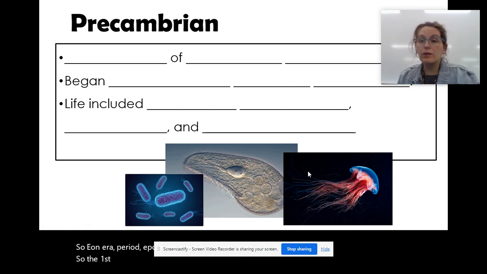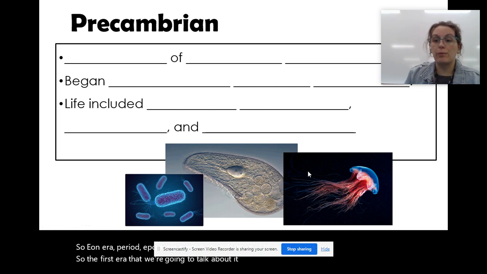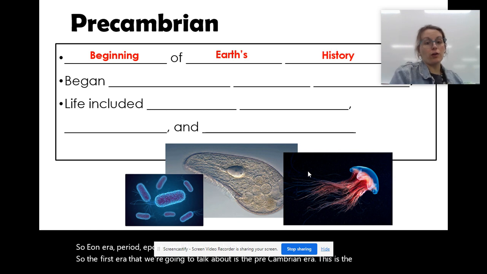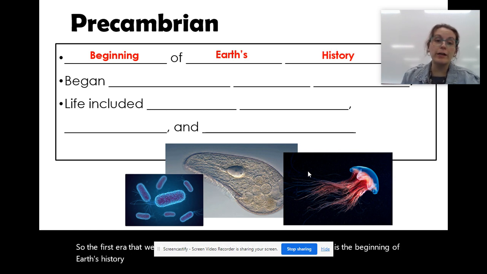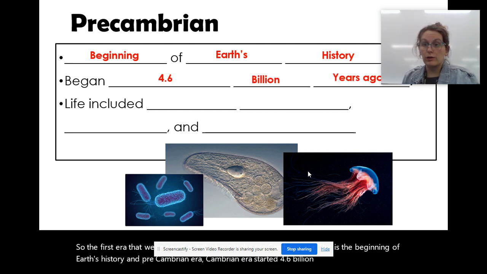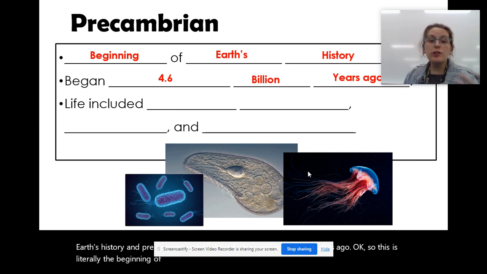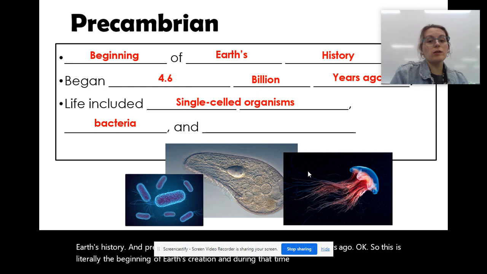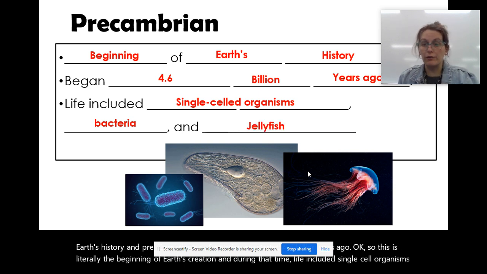So the first era that we're going to talk about is the Precambrian era. This is the beginning of Earth's history, and the Precambrian era started 4.6 billion years ago. So this is literally the beginning of Earth's creation, and during that time, life included single-cell organisms, bacteria, and jellyfish.